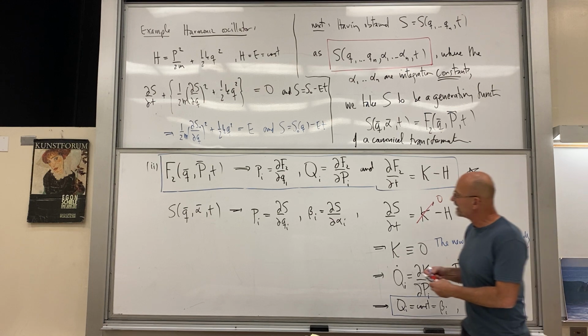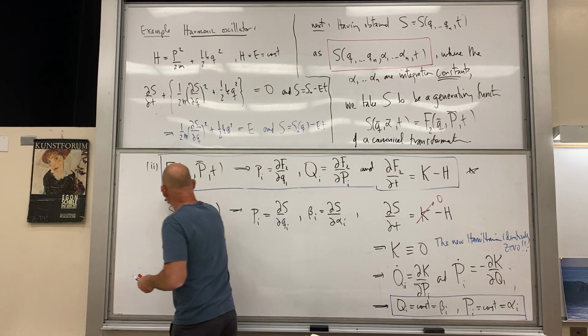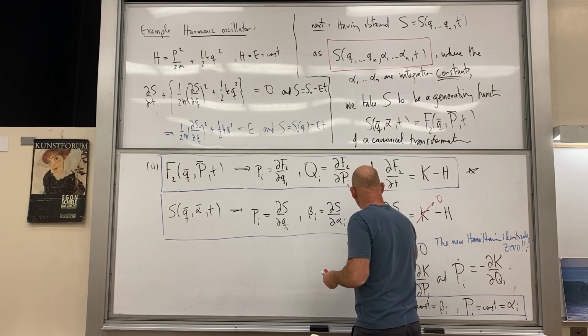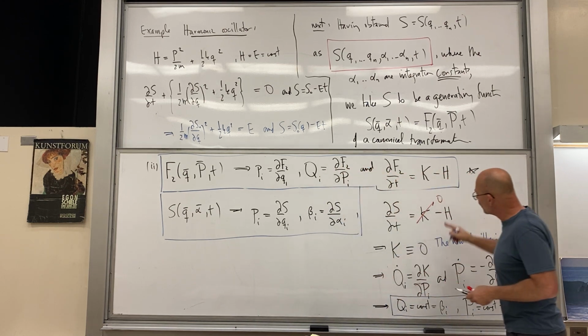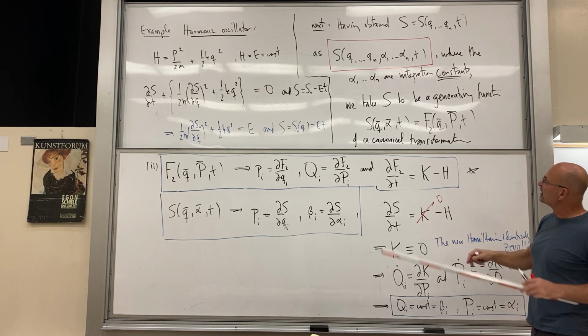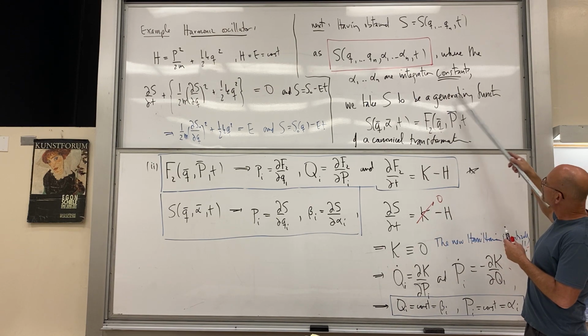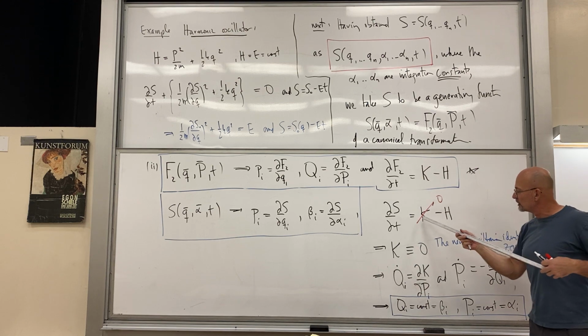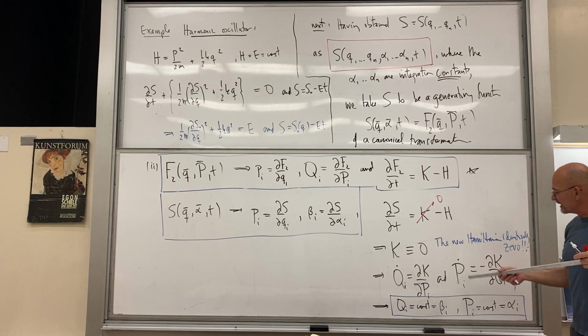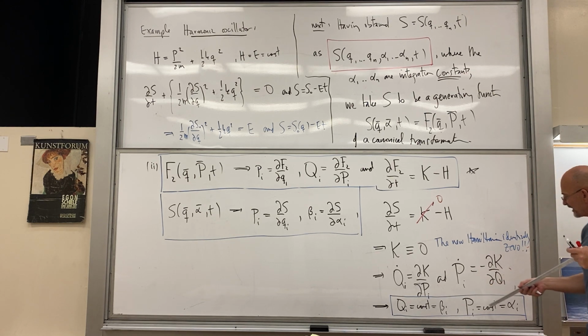So this is directly translated into our new variables. If we solve the Hamilton-Jacobi equation and take S as a generating function, we find that the new Hamiltonian is identically equal to 0. Therefore, the new coordinates and the new momenta are all constants.